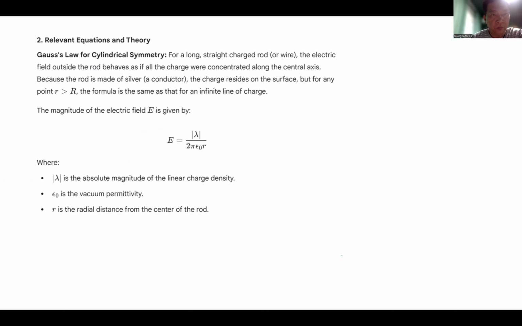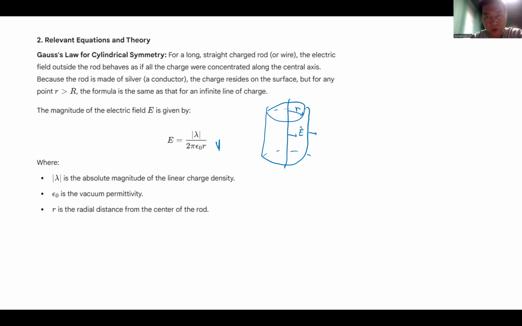And then we note that for the linear cylindrical symmetry of a long straight line, it is given by this one, and it is simply R. So the electric field is in these directions.